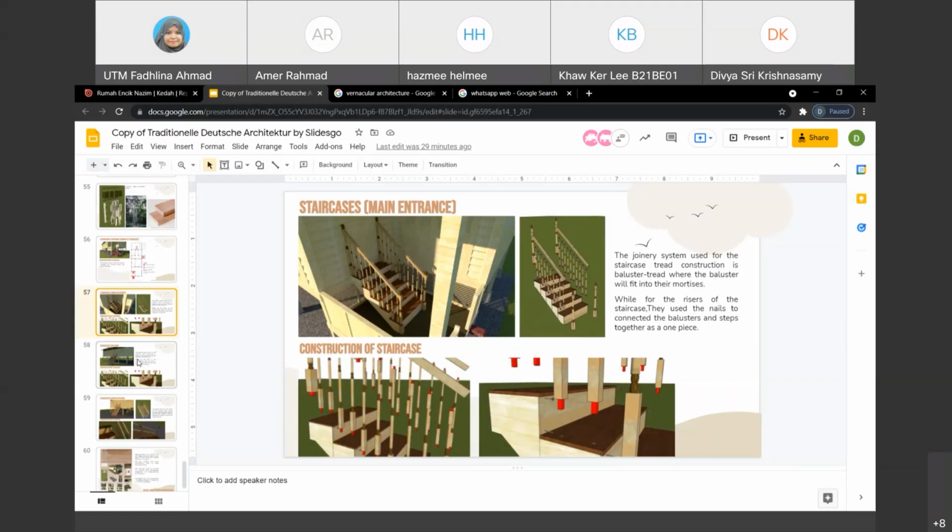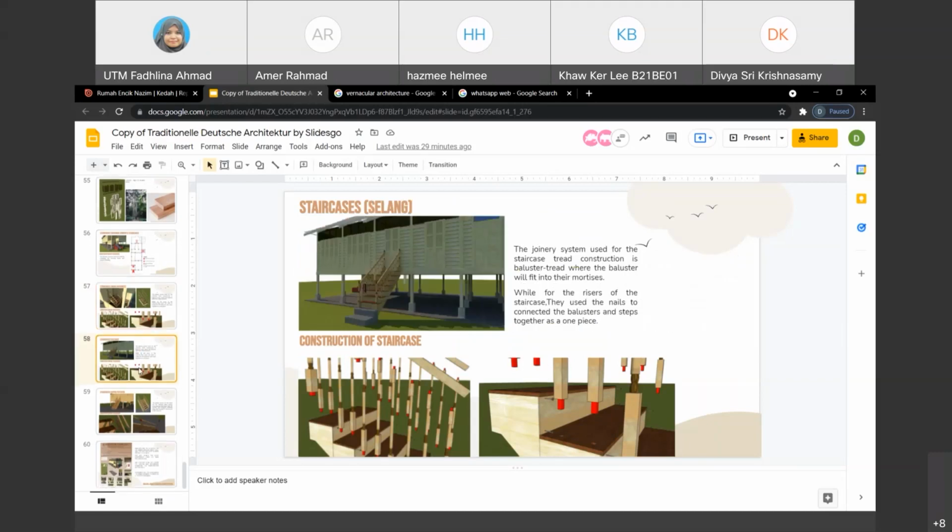Next, the same goes for the staircase for Selang, but with two concrete steps added at the bottom of the staircase. This is the section for the Selang staircase.